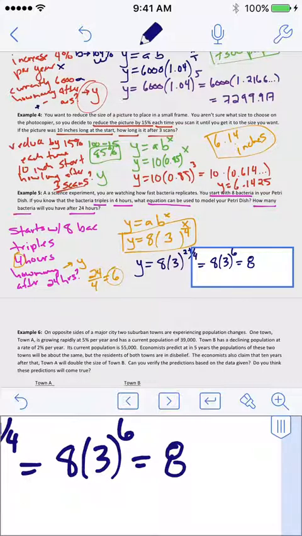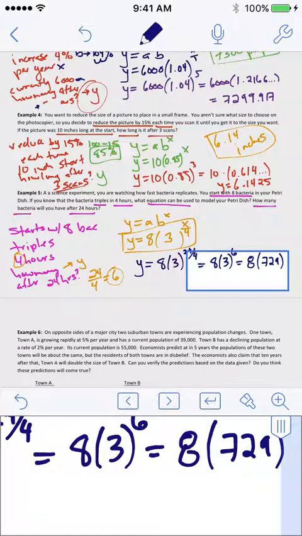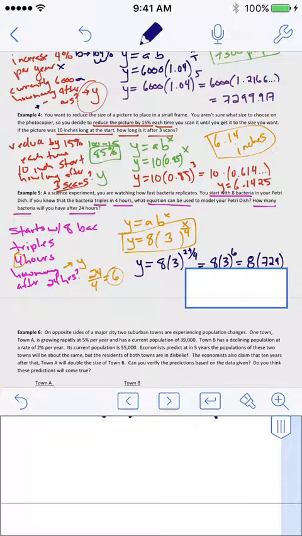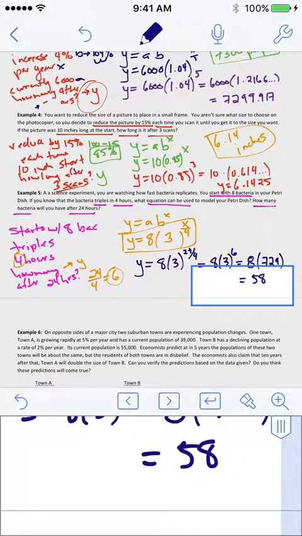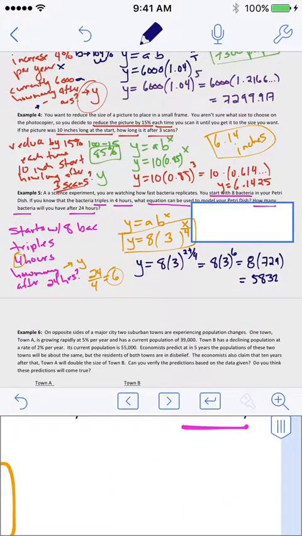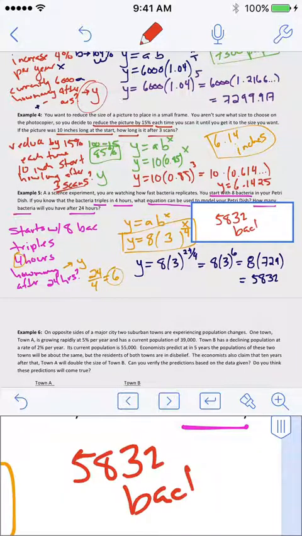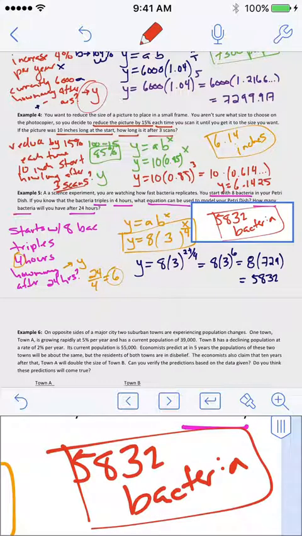It's 8 times 729. We end up with y equals 5,832. What does that mean? That means after 24 hours, we have 5,832 bacteria in our petri dish. That's very fast.